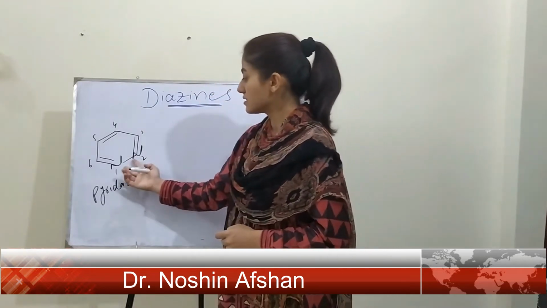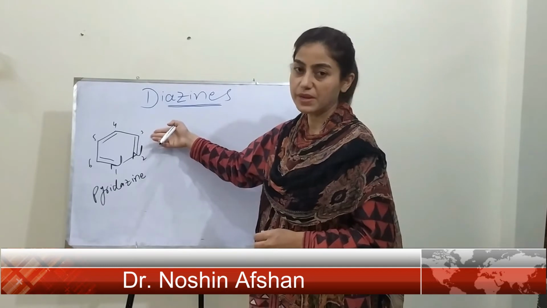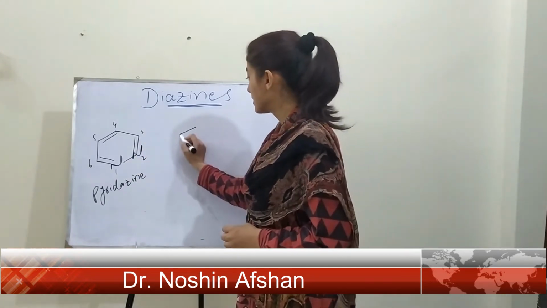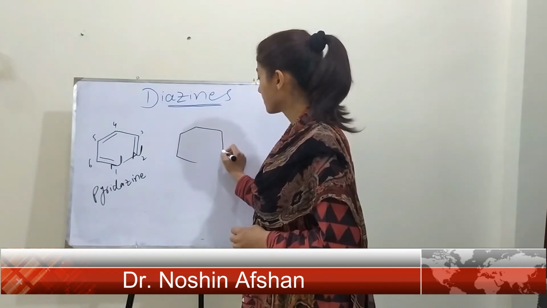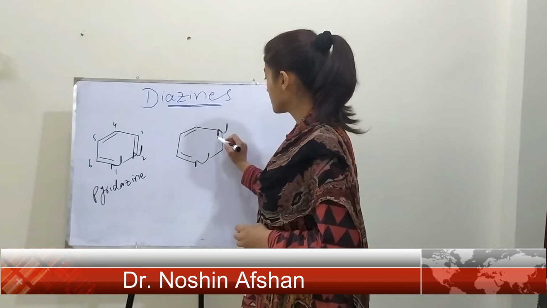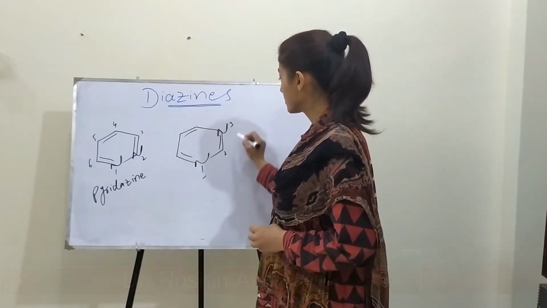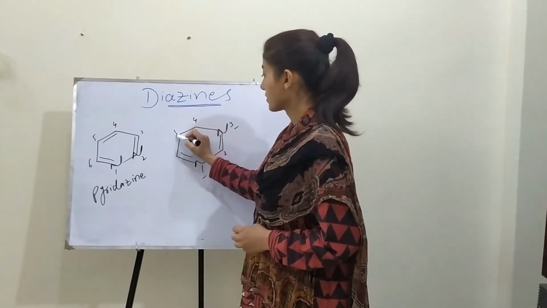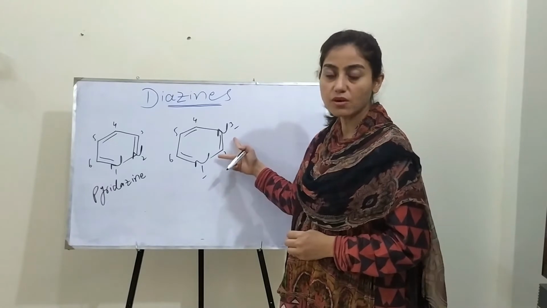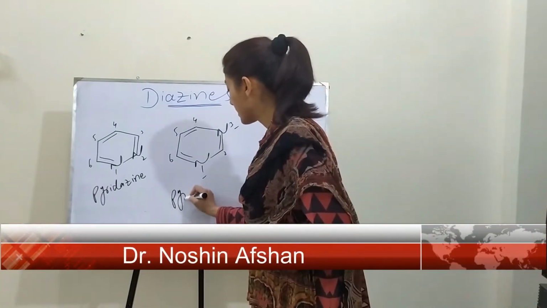And if one nitrogen is placed at the meta position with respect to the other nitrogen, like this one, and this meta position is also called 1,3 position, then these are called pyrimidine.